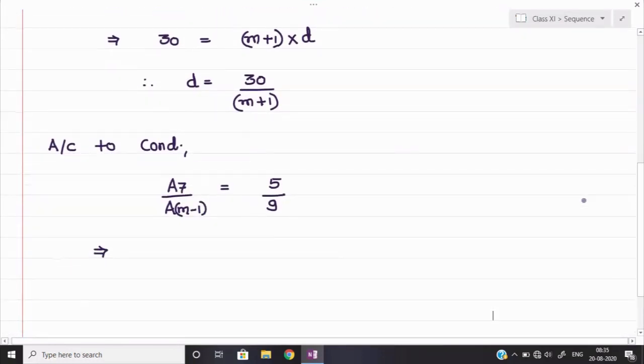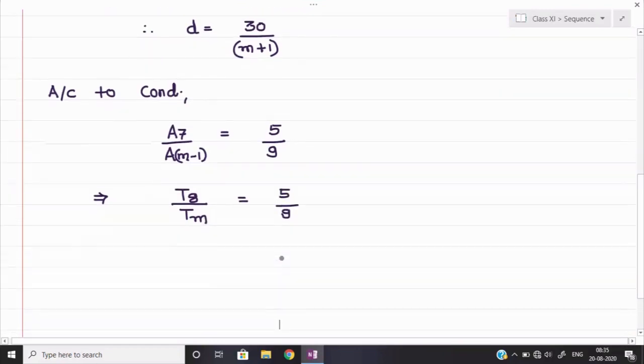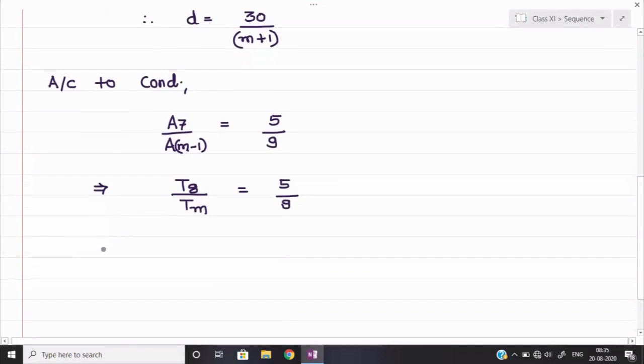So here first I will replace a7 by t8. You can say term t8, or a8 also. This can be written as t8 upon tm is equal to 5 upon 9. Now what will be the value of t8? We will apply the formula of tn or an, so it will be equal to a plus 7d.